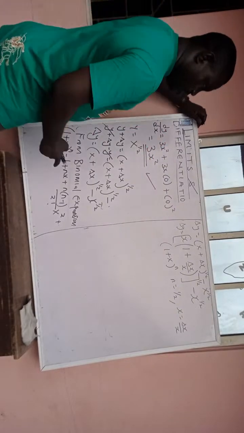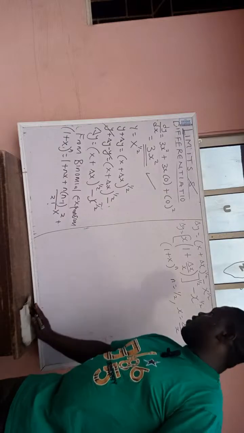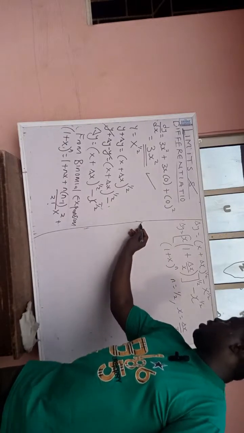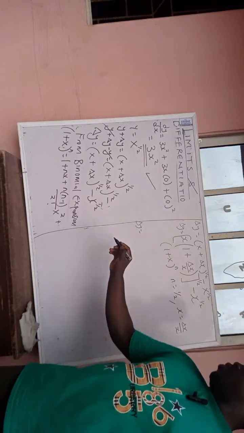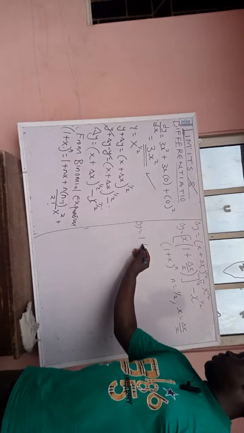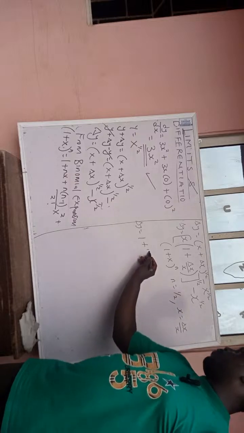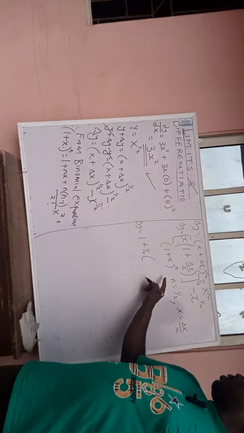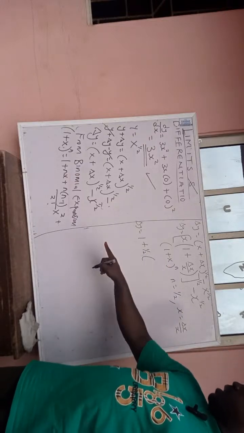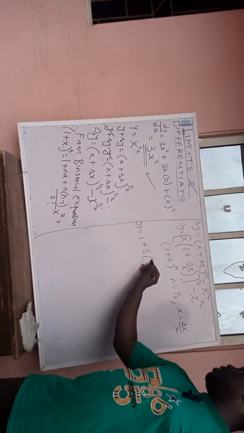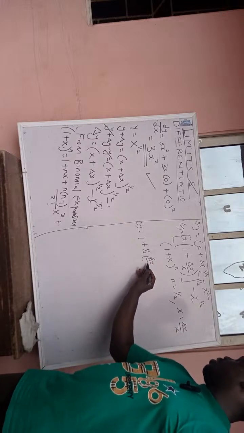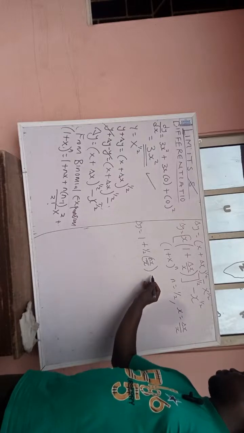Let me do it this way. Let's expand. So expanding it, what's the first thing? 1. What's the next thing? n. And what's our n here? Half, multiplied by x. What's our x here? Change in x over x.